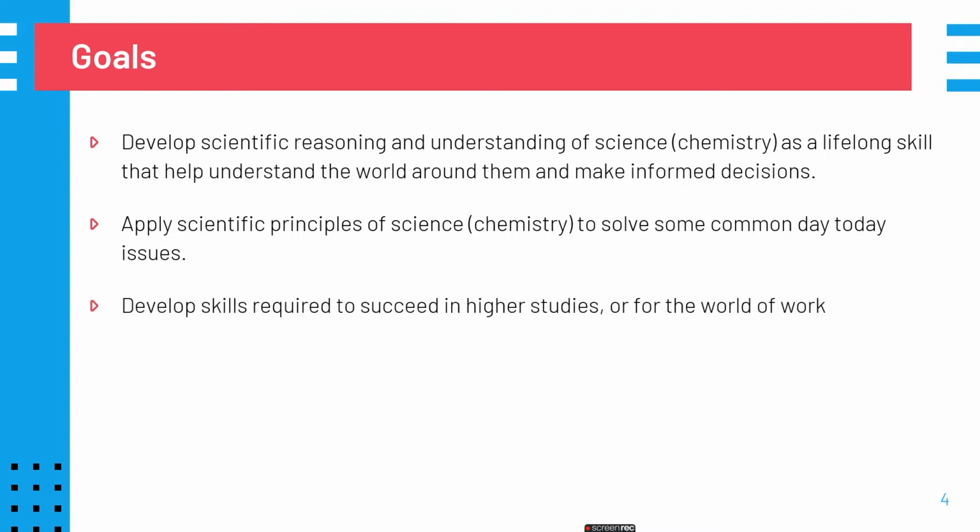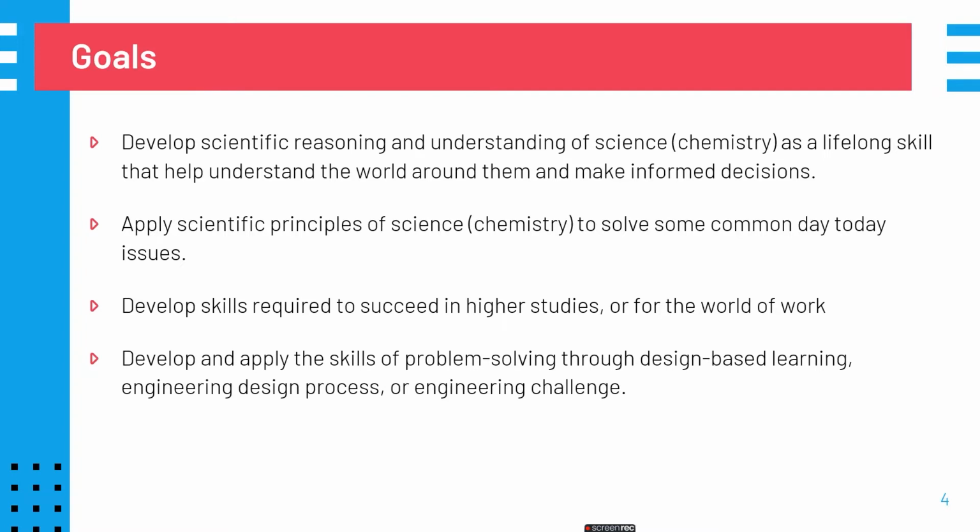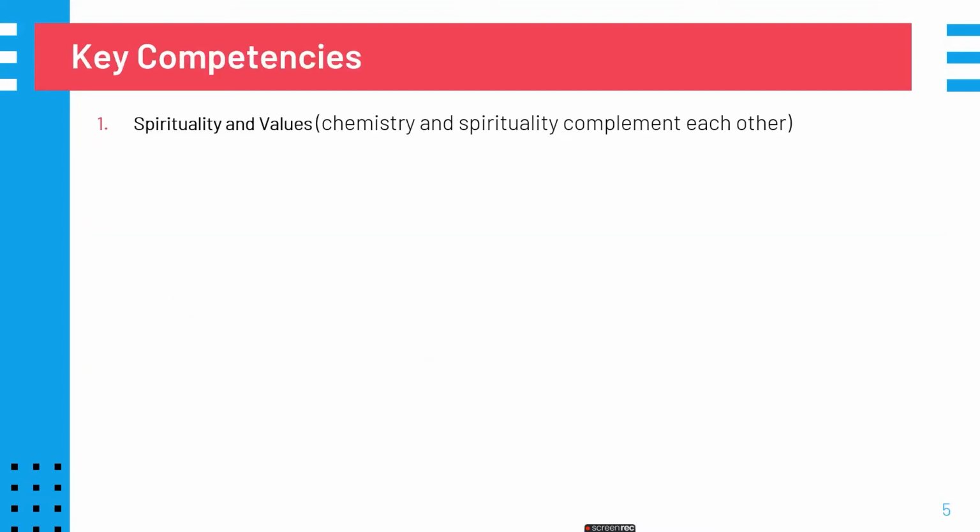The third goal is to help learners develop skills required to succeed in higher studies and for the world of work. And the next goal is to develop and apply the skills of problem solving through design-based learning, engineering design, and engineering challenge.